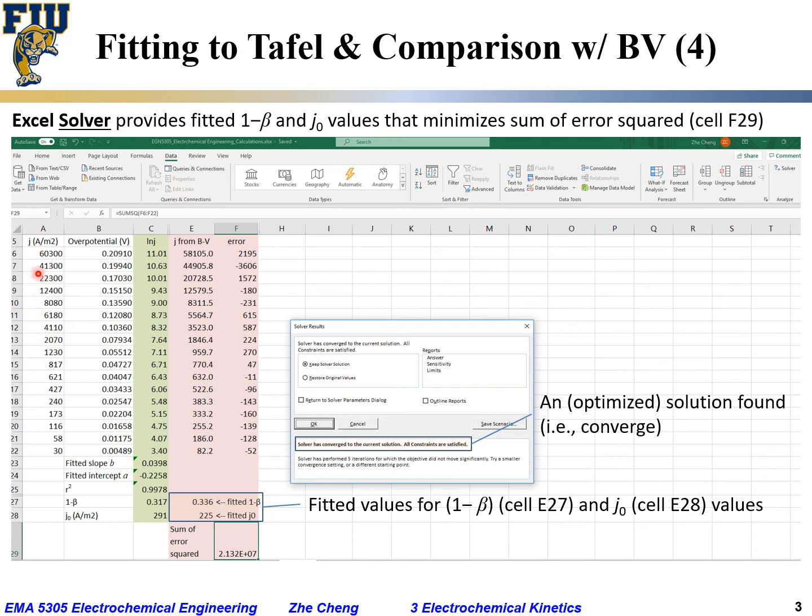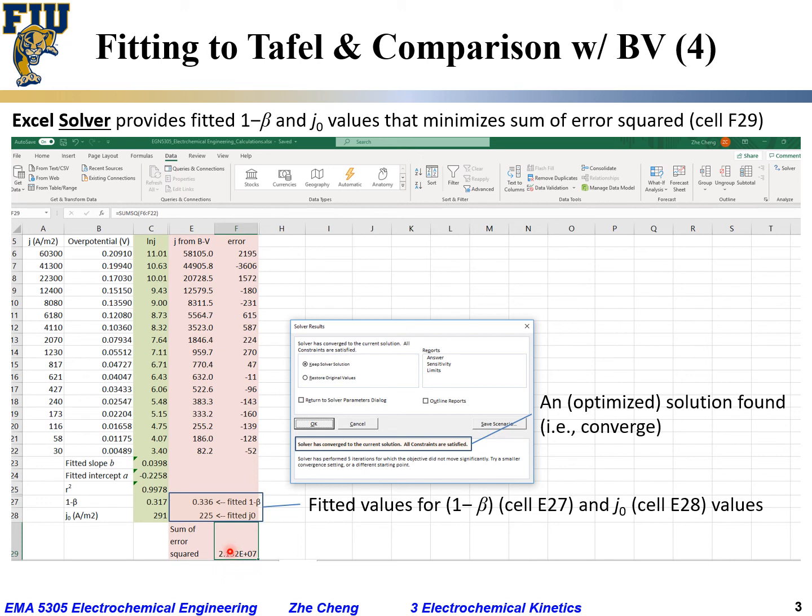Experiment is in column A, while the calculated current values are in column E. The difference between these gives the error, and then the sum of error squared gives you this value. The solver gives us the optimized values for the parameters 1 minus beta and J0 that minimize it.